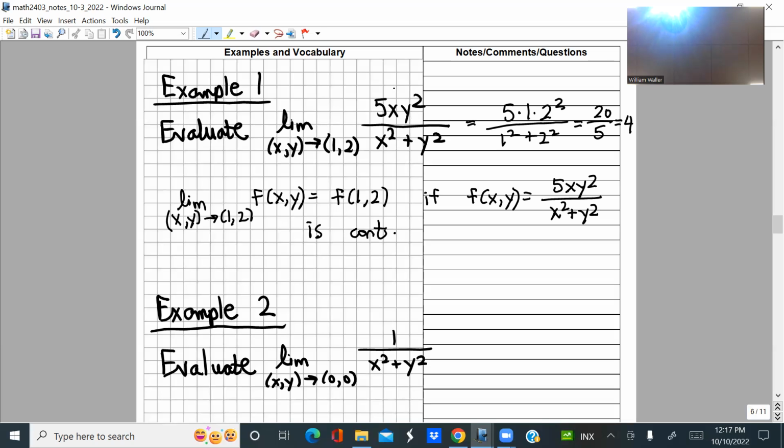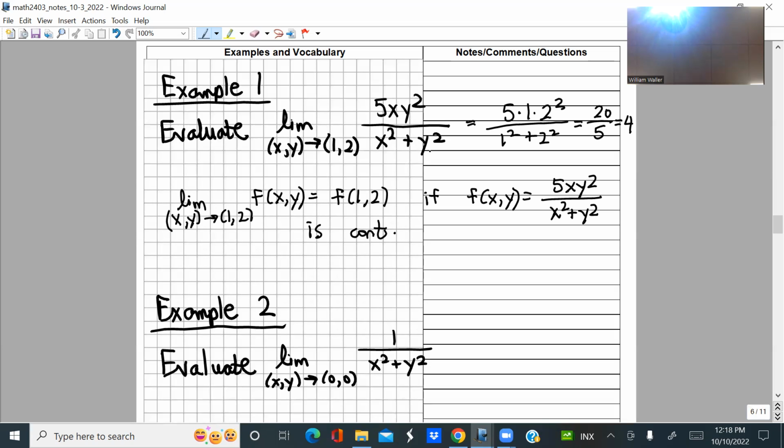That makes the top a polynomial, and the bottom is also a polynomial because again, you only have non-negative whole number powers of your variables. This is 2, this is 2. Those are non-negative whole numbers. So if the top and the bottom of this fraction are both polynomials, then that's a rational function, and rational functions are continuous.